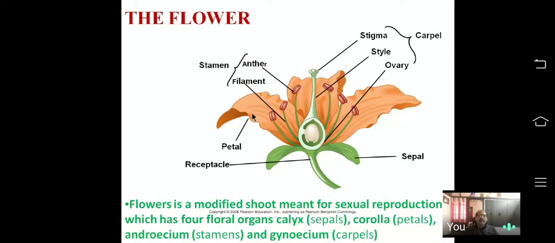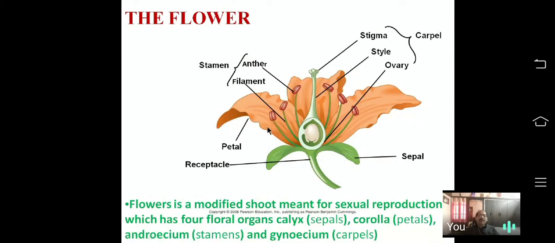But in the absence of either calyx or corolla, reproduction can take place. So these two whorls are called non-essential whorls.